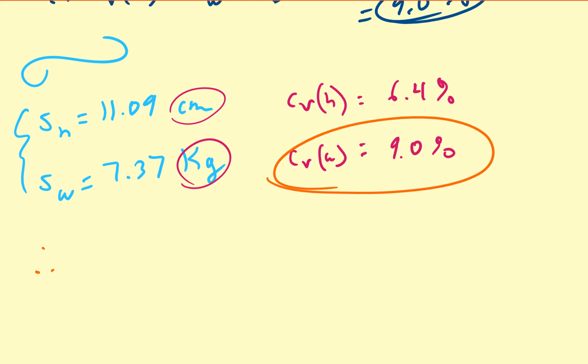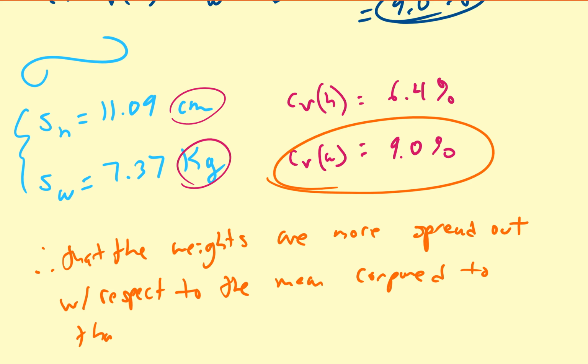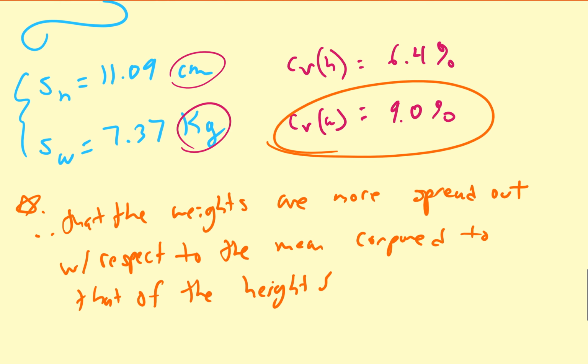So from here, we can conclude that the weights are more spread out with respect to the mean compared to that of the heights. So that is one calculation that you can come up with.